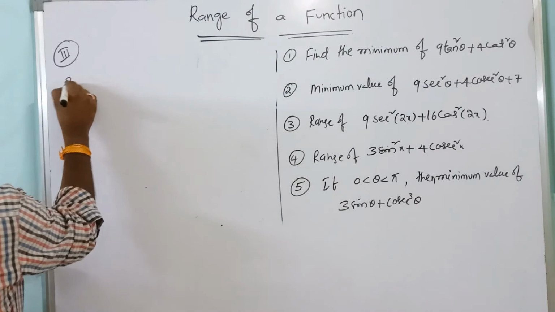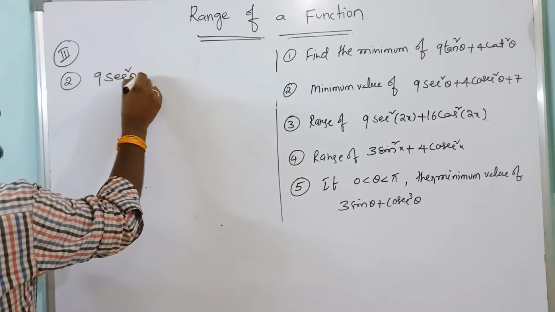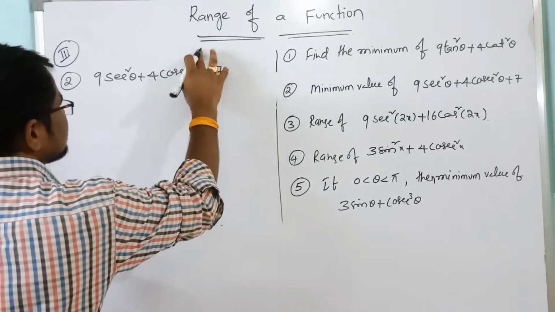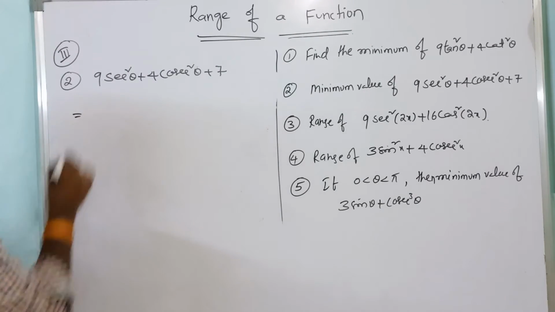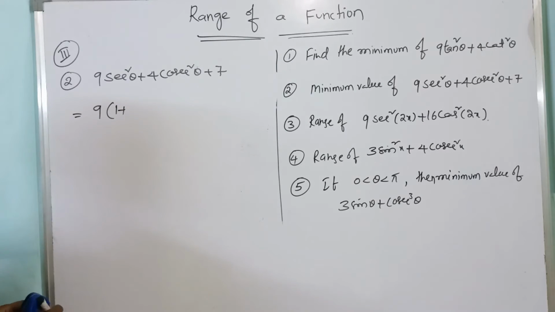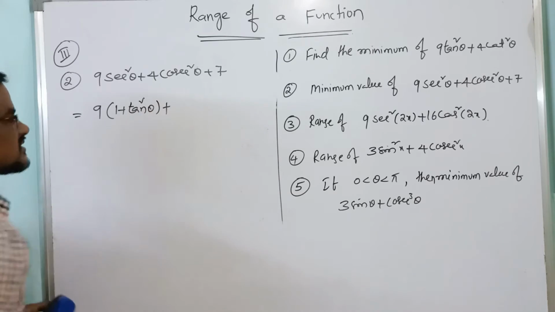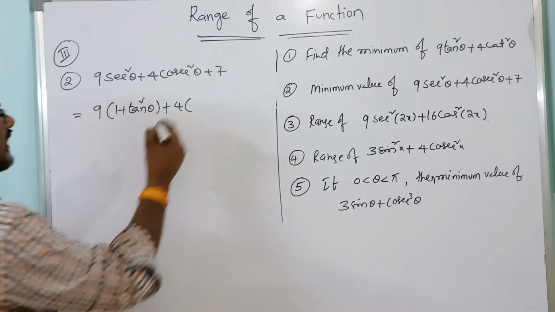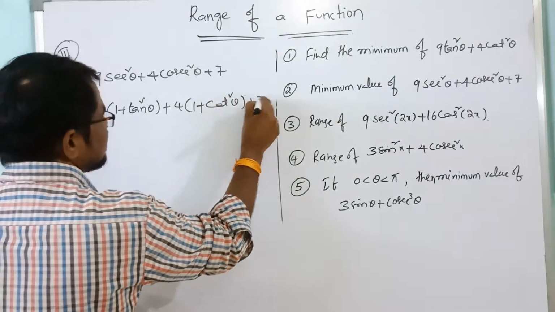Next, the second problem. What is given here? 9 secant square theta plus 4 cosecant square theta plus 7. Now that is equal to 9 times, secant square theta we write as 1 plus tan square theta, plus 4 times, and cosecant square theta we write as 1 plus cot square theta, plus 7.